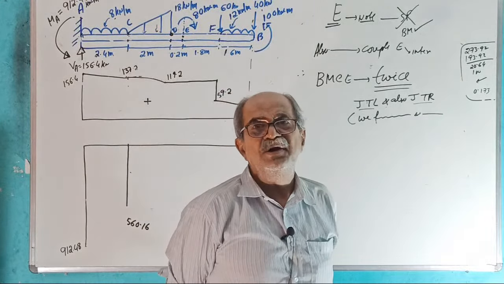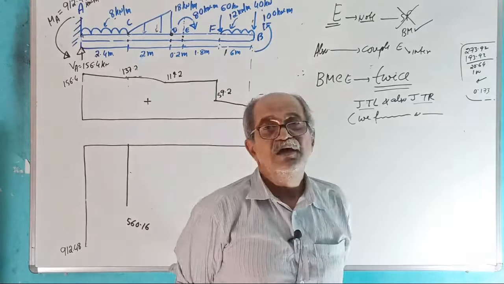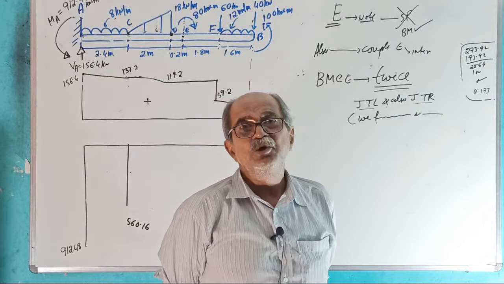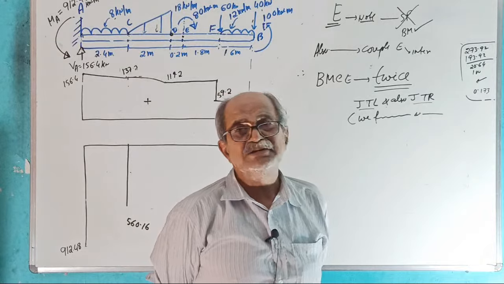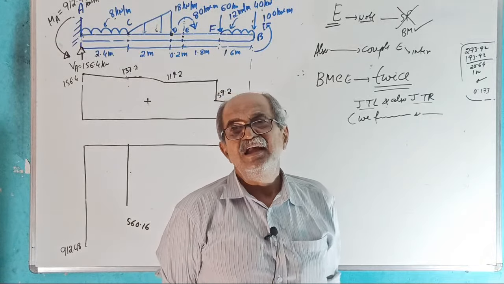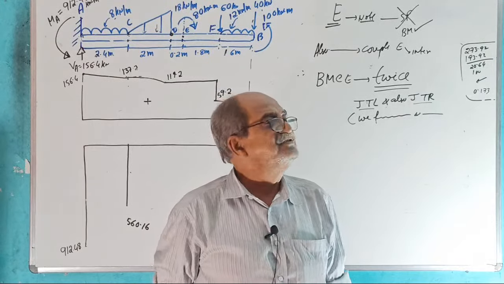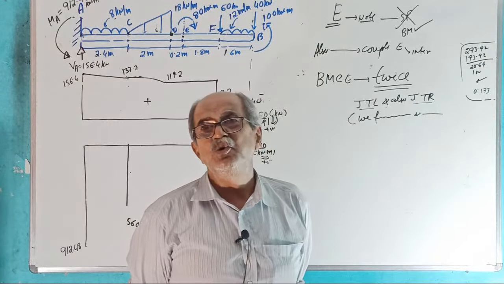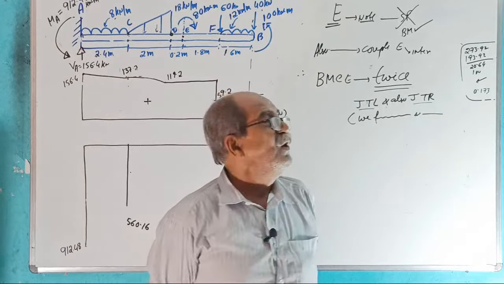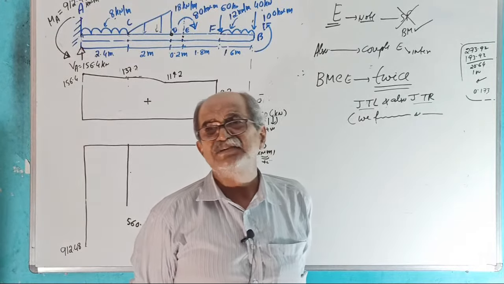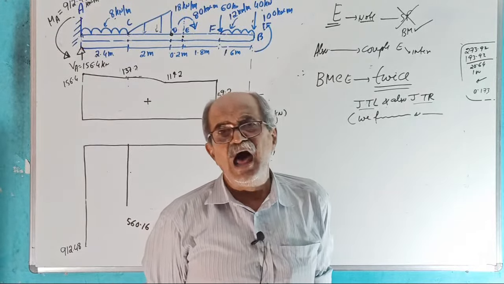I heard someone telling in the online class, when it is just to left, you should look left side. When it is just to right, you should look right side. It is a bogus statement. Who told? When it is just to left, you should compulsorily look left side; when you find BM just to right, you should always look right side.